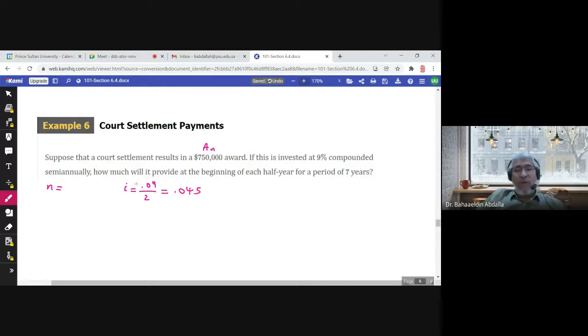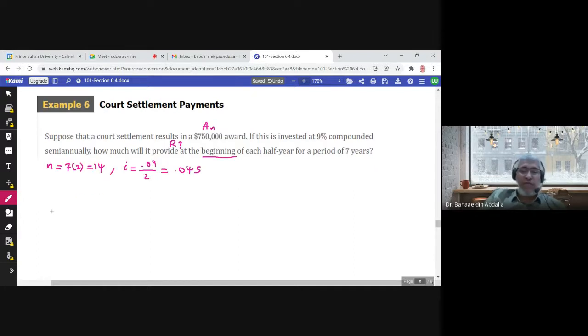How much will it provide at the beginning of each year? He is asking about R, the payments, at the beginning of each year. So this is an annuity due, with each period a half year, for a period of 7 years. So 7 times 2, twice a year. The number of periods is 14.